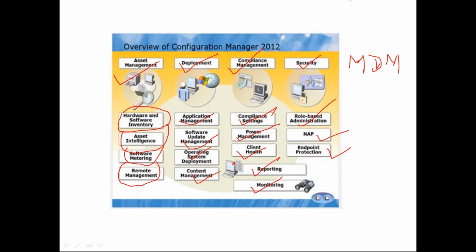NAP is network access protection. For example, there are computers which do not have the latest patches which Microsoft released. The computers are not up to date. The patches are missing on those computers, so that becomes vulnerable, right? If your computer does not have the latest security and critical updates, it becomes vulnerable.